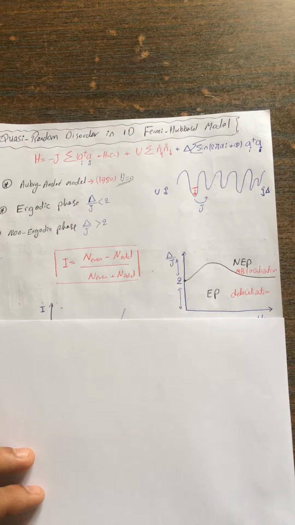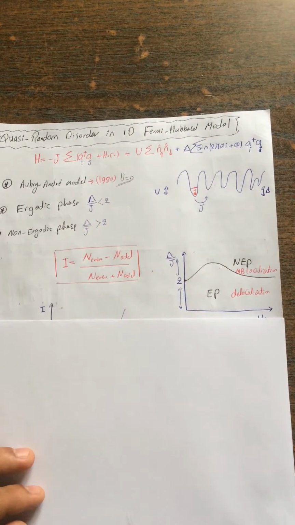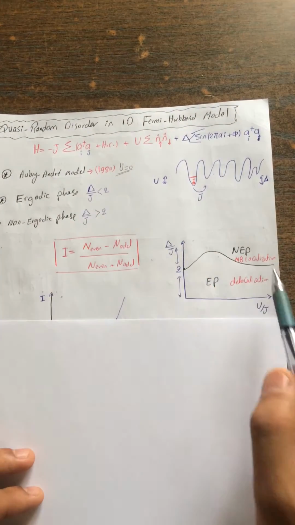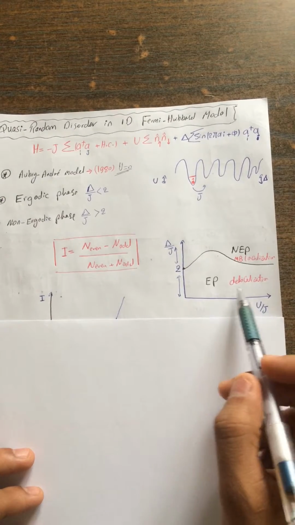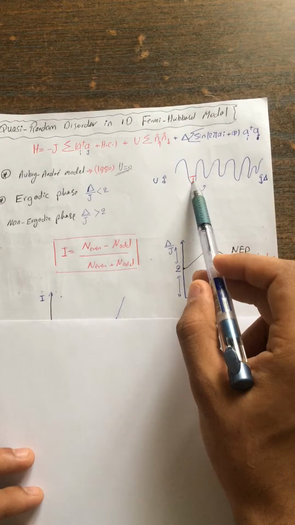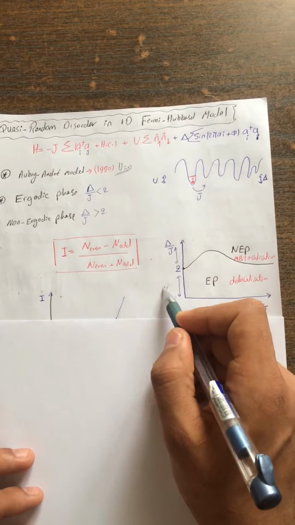Non-ergodic phase means that the system is localized, because of the quasi-random disorder here, we evolve the system in a quasi-random fashion. When the disorder over the kinetic energy is larger than 2, it means that the kinetic energy is hugely suppressed in comparison with the ergodic phase. So in the ergodic phase, you have the system delocalized over the lattice, over even, odd, even, odd lattice sites. So here you have extension.